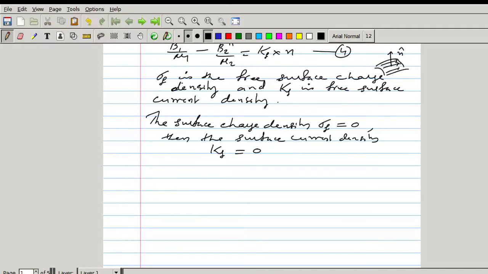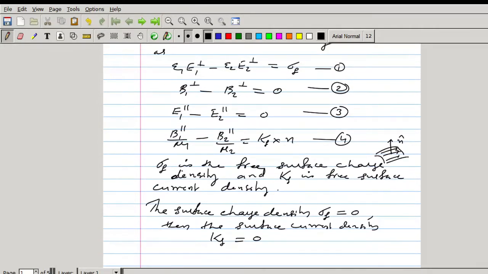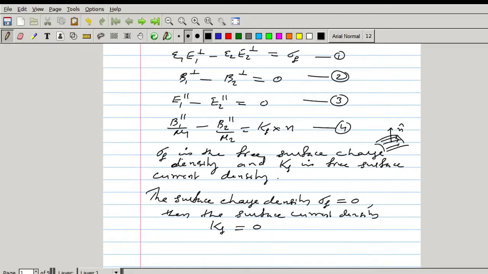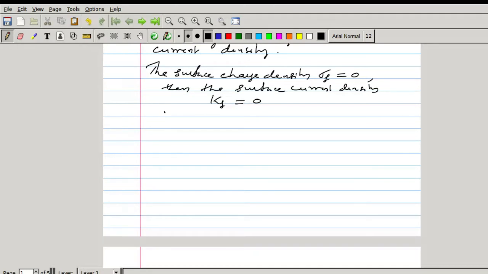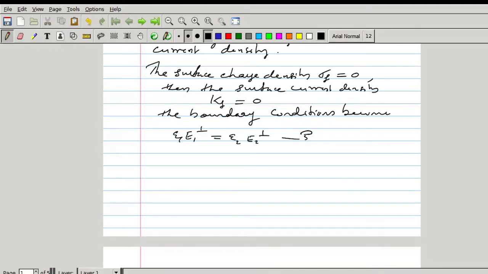If sigma f and Kf are 0, then the boundary conditions become: epsilon1 E1 perpendicular equal to epsilon2 E2 perpendicular, equation number 5.